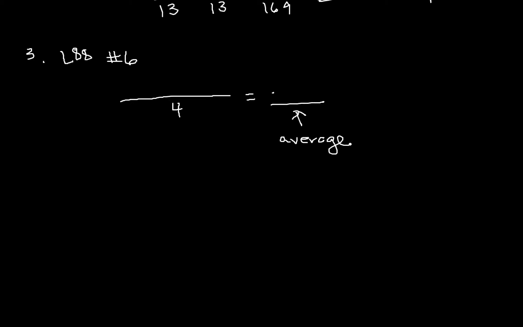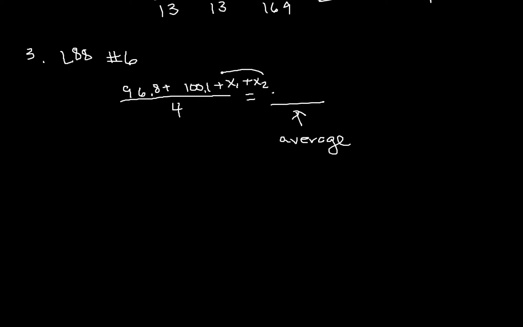Let me just make sure this is exactly like the one on the test. Yep. So, okay. So we have 2 of the numbers. You don't even need to worry about those 2 numbers if you think about it. It says the first 2 numbers are 96.8. The next one is 100.1. And then there's 2 more. There's x1 and there's x2.